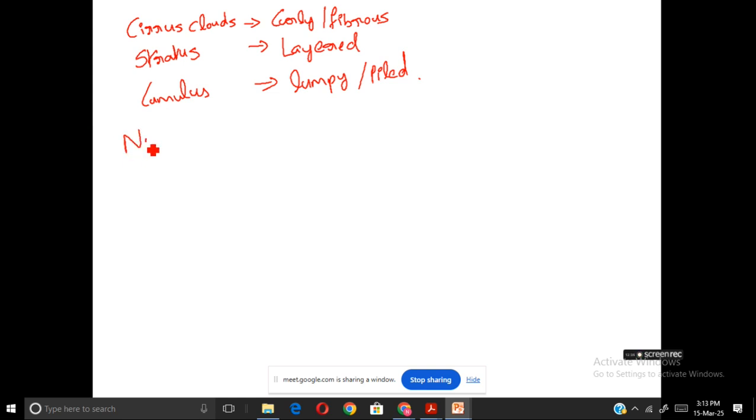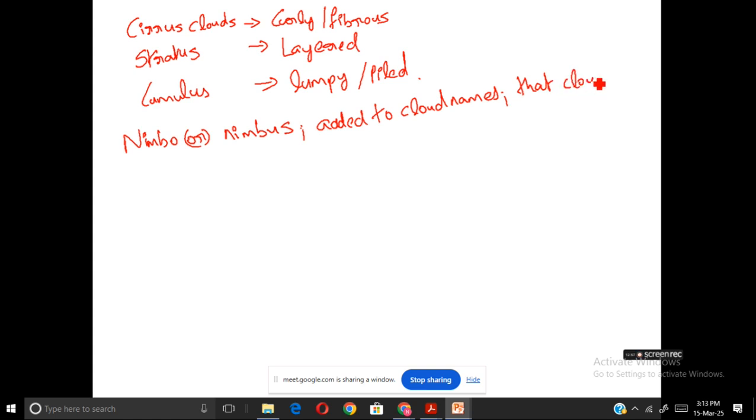Now there is another type of cloud. It is called nimbo or nimbus. So this is also a prefix which is added to cloud names to show that the cloud can produce precipitation.